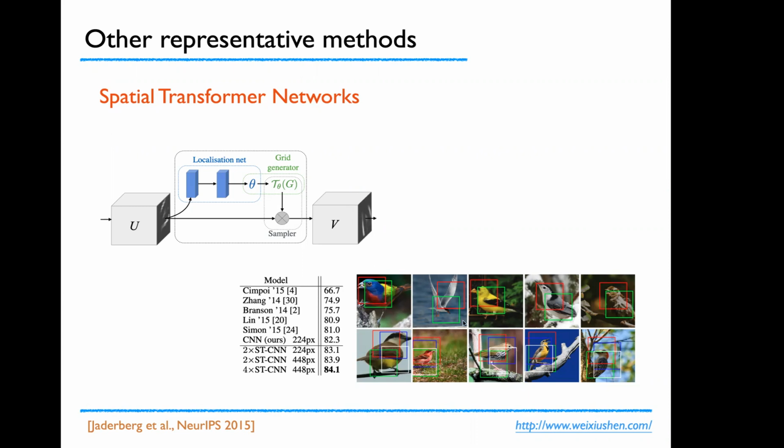The qualitative results shown in this slide show that we can use two-stream or four-stream STN to capture the part level features. Each transformer in STN can correspond to a part detector with spatial transformation capabilities, especially for non-rigid objects like birds.